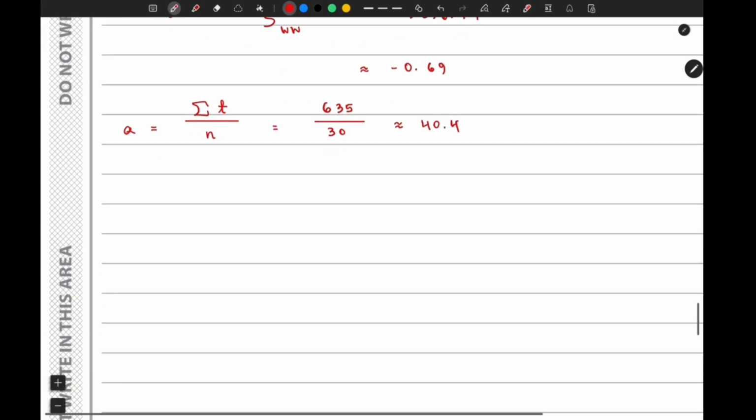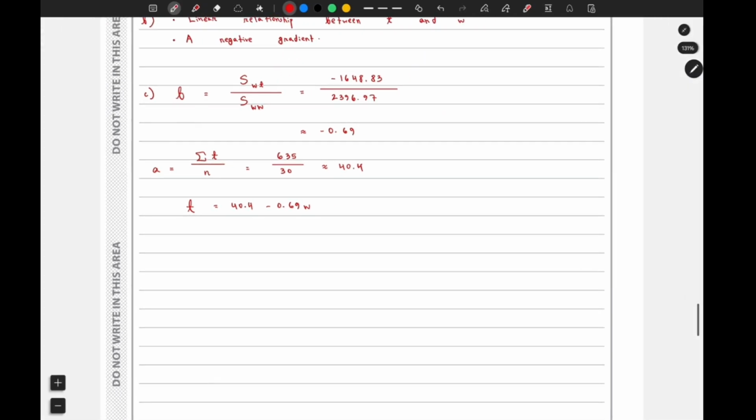So the equation of the regression line will look something like this: t equals 40.4 minus 0.69 w. That is it for this part.